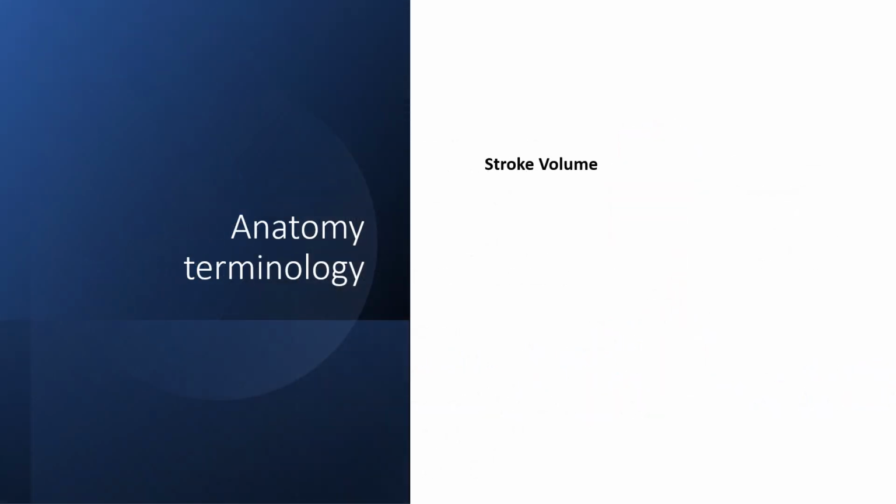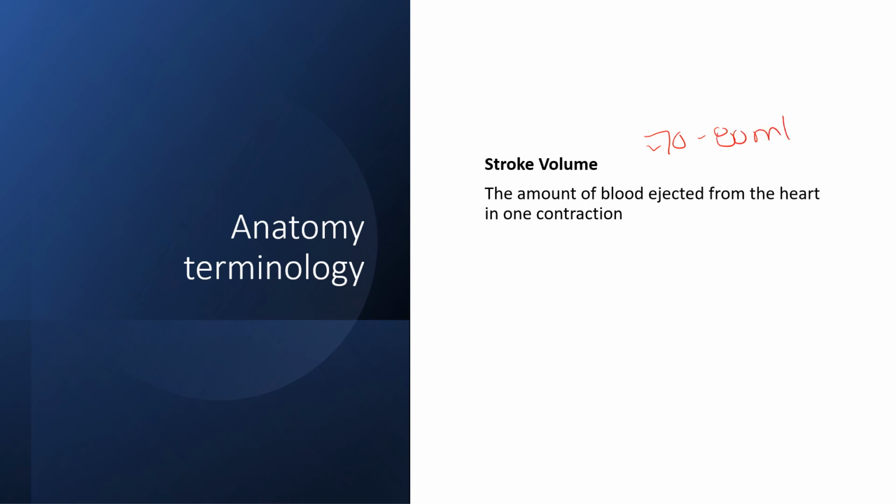In the previous slide, we looked at the definition of cardiac output, and we defined cardiac output as the amount of blood that is being ejected from the ventricles every minute. Stroke volume is the amount of blood that is being ejected from the heart with every contraction. Stroke volume is about 70 to 80 mL of blood ejected from an adult heart in one contraction.